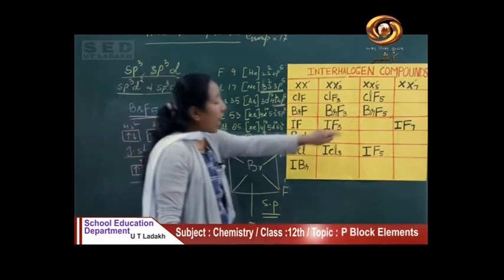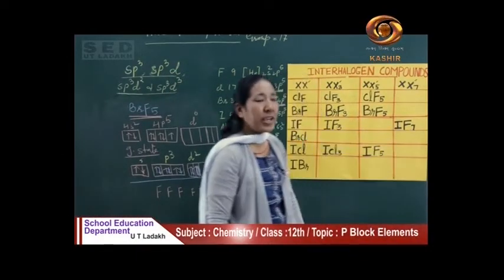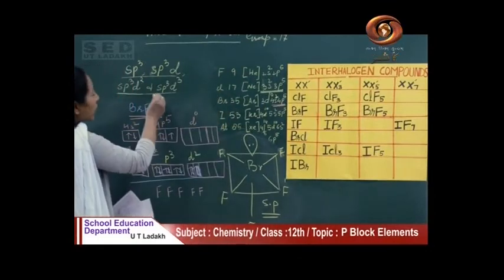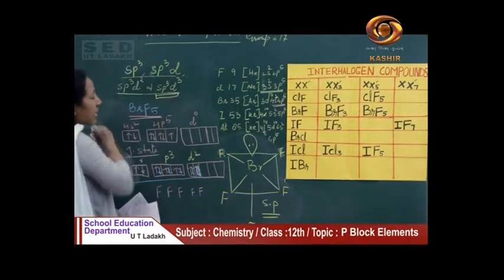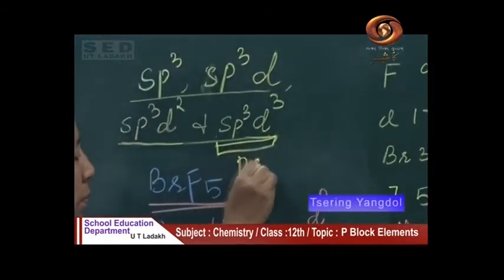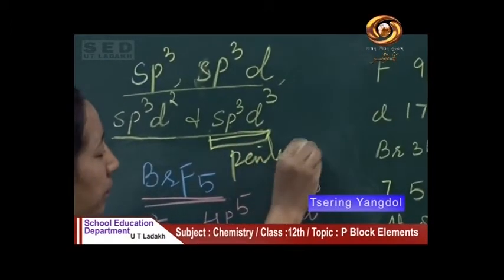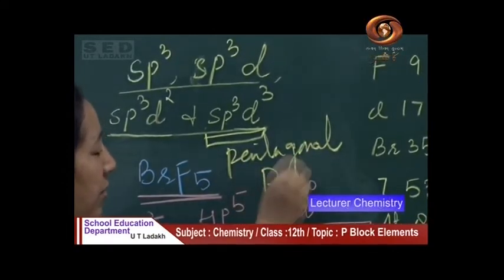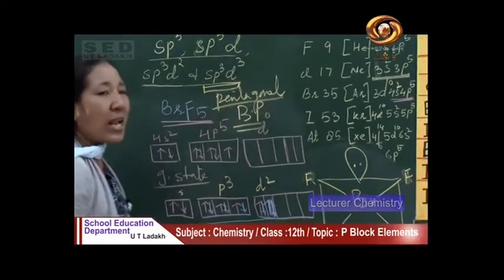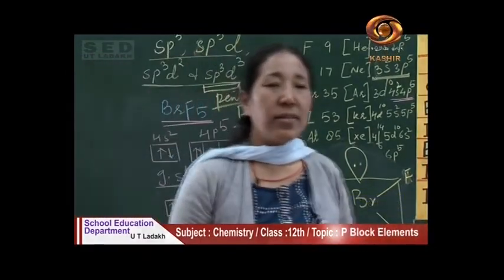In the case of IF7, it shows hybridization of sp3d3, student, and its structure is pentagonal bipyramid. Thank you, student.